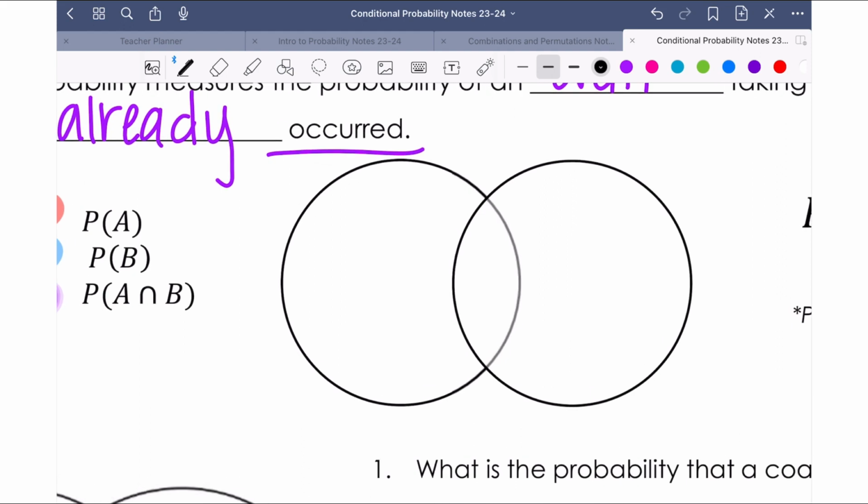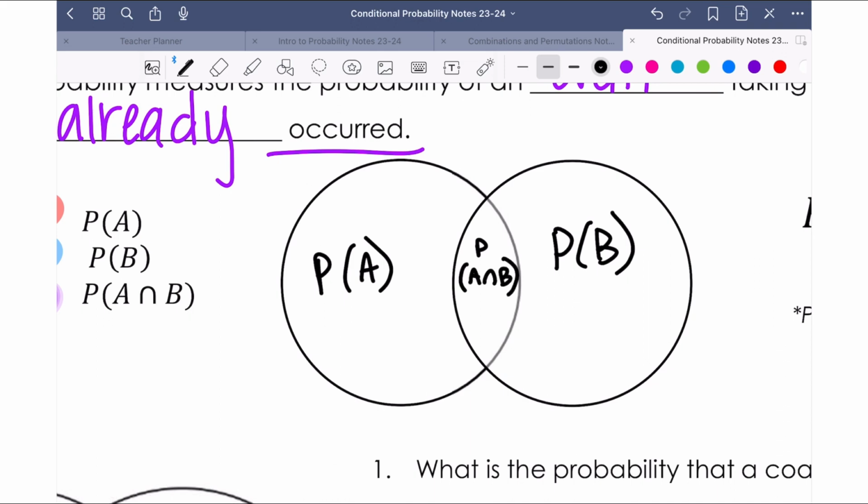This is event A. So what does this letter mean? It means the probability of A happening. And then we have the event B, so the second one. And then in the middle is where they're both happening. So the probability of A and B.